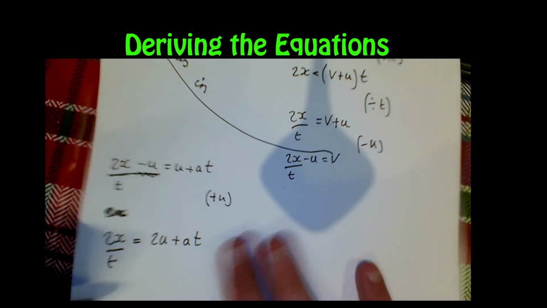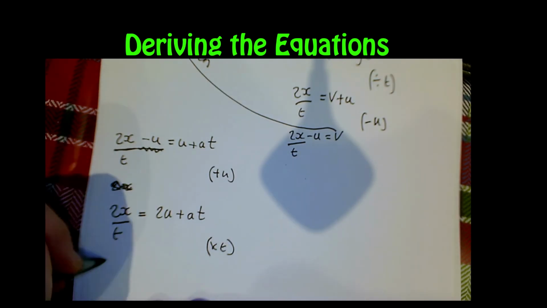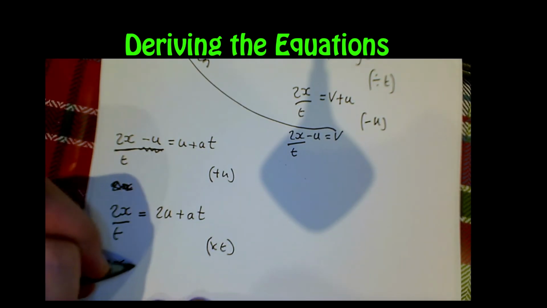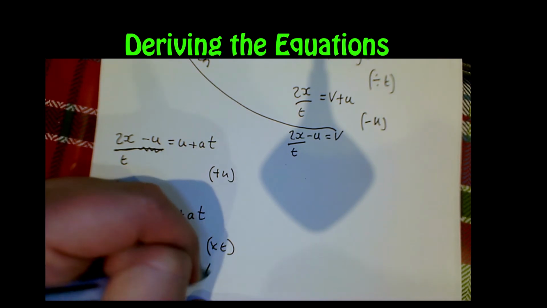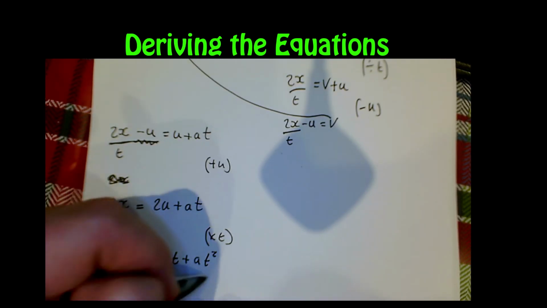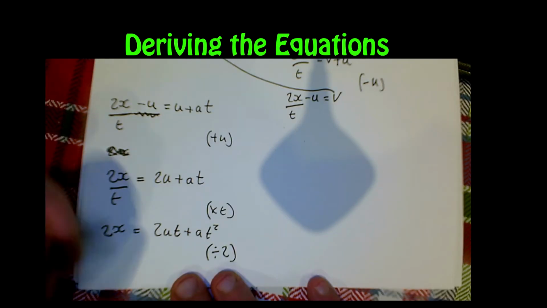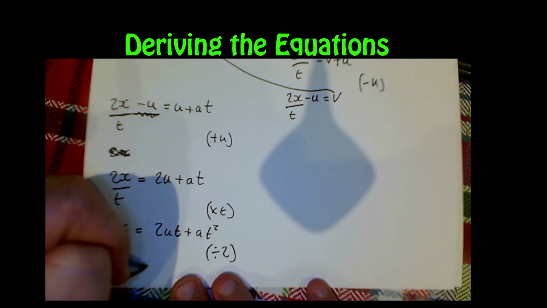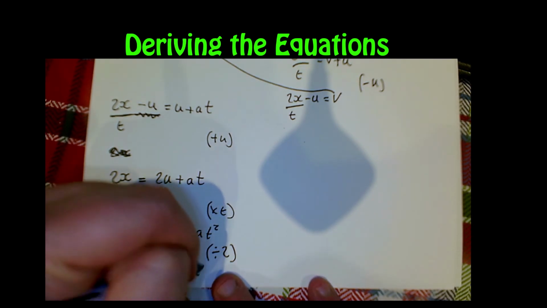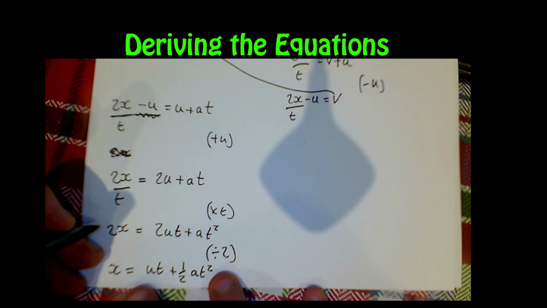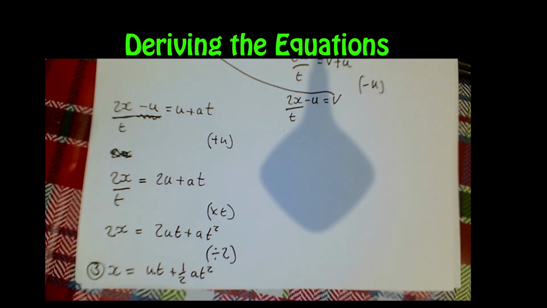Next I'm going to multiply both sides by t, so I will get 2x equals 2ut plus at squared. Then what I'm going to do is divide by 2, and that will give me x equals ut plus a half at squared, which we'll call equation number 3.